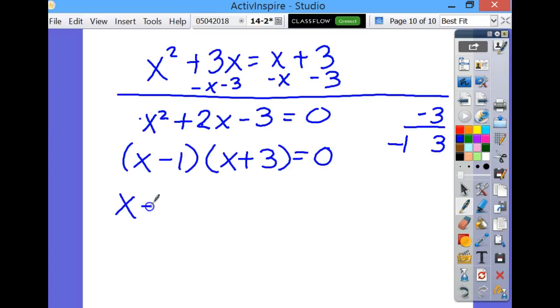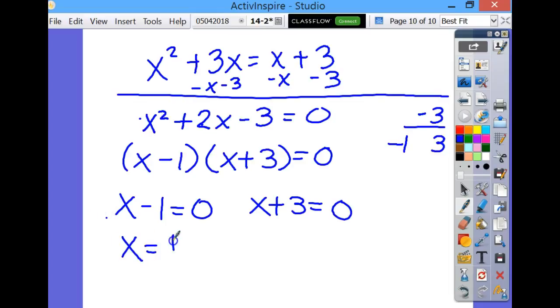When it is factored, either the first factor equals 0 or the next factor equals 0. Solve this by adding 1 to both sides. Solve this by subtracting 1 from both sides. There are 2 answers.